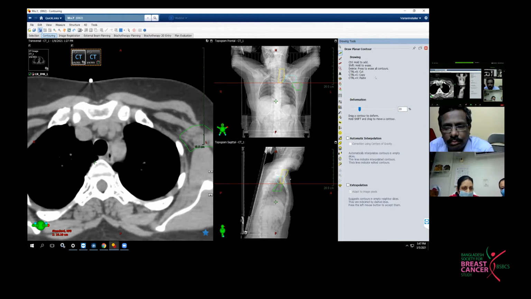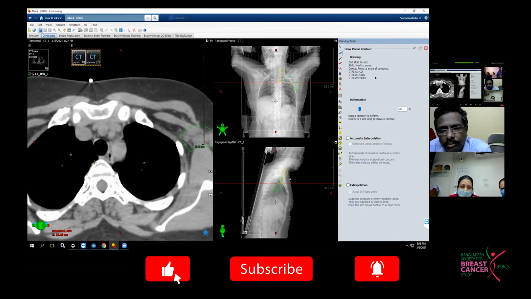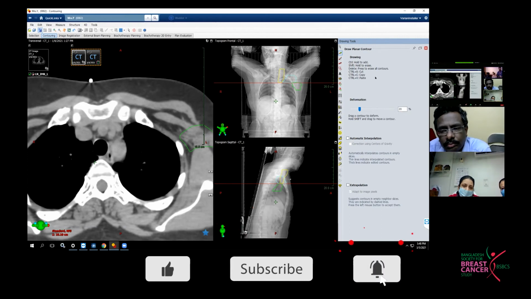If it's a medial border, then you need to move the medial border to cover the original tumor bed adequately. But then you can leverage and not cover entirely the lateral part of the scar, because it is not at that high a risk.